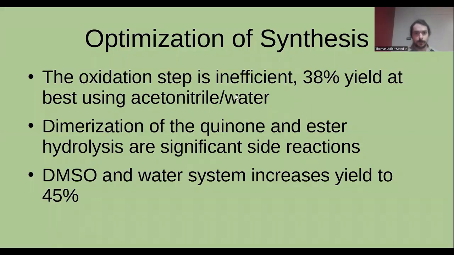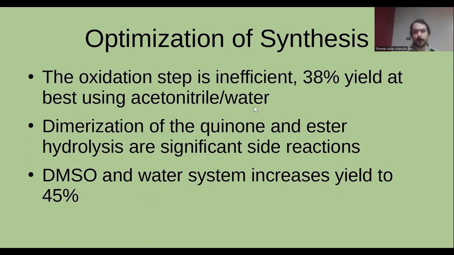So the best yield you could get with the ceric ammonium nitrate is about 38%. But we switched the solvent to DMSO instead of acetonitrile, and that increased the yield to about 45%, right? So there's a bit of an improvement there.